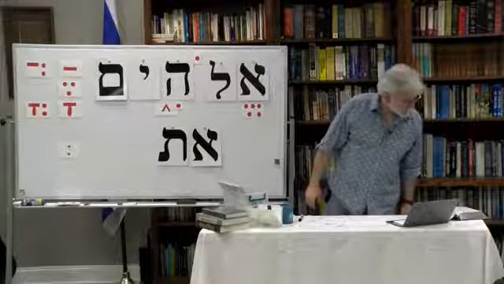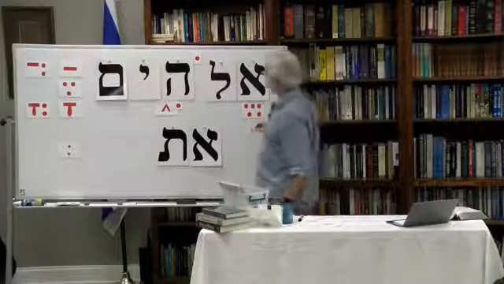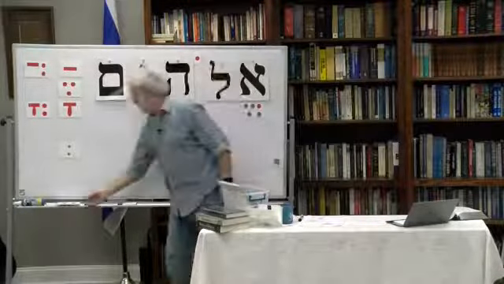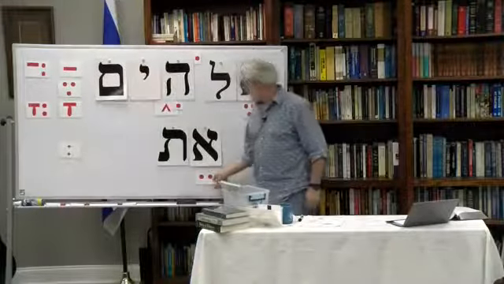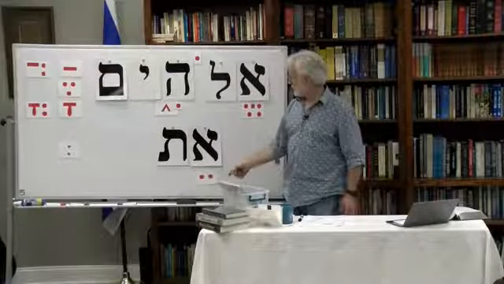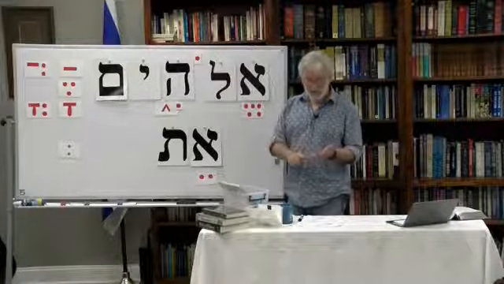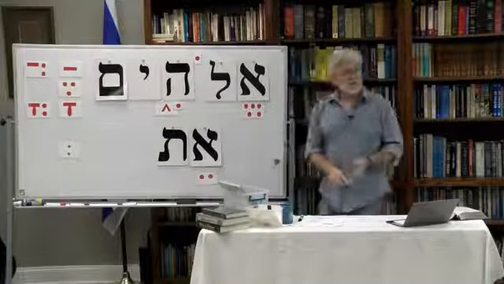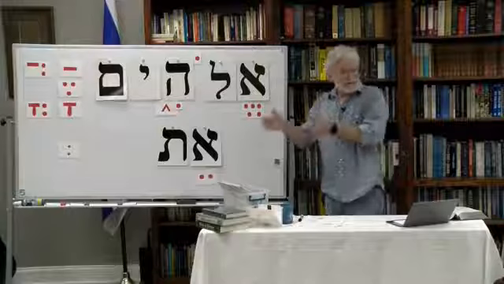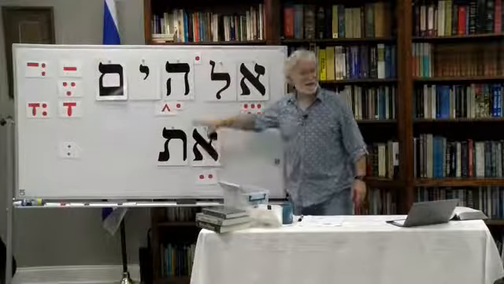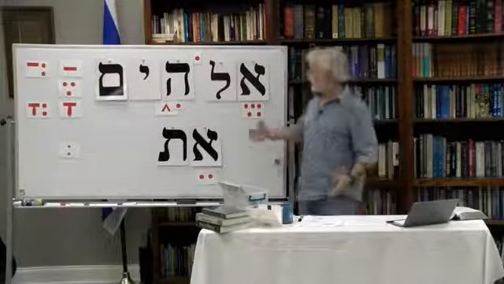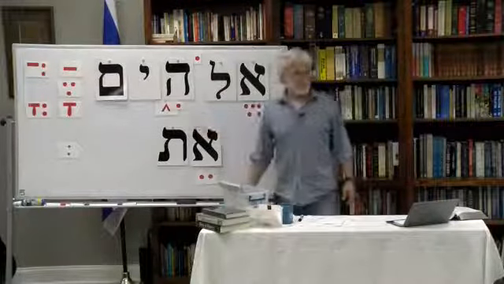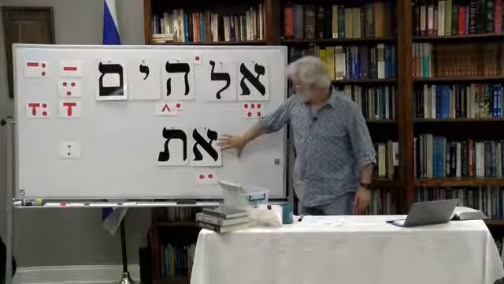What you'll see twice in this particular verse is this word, et. It says, Bereshit bara Elohim et hashamayim va'et ha'aretz.